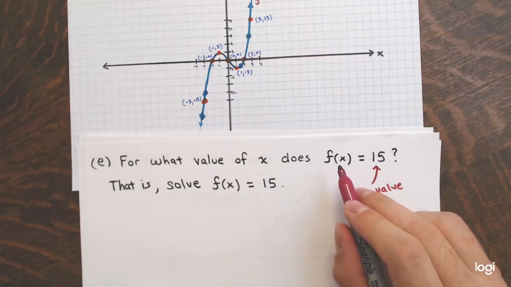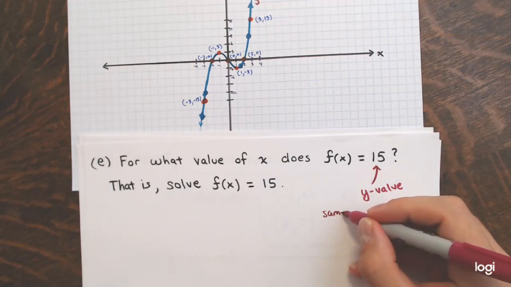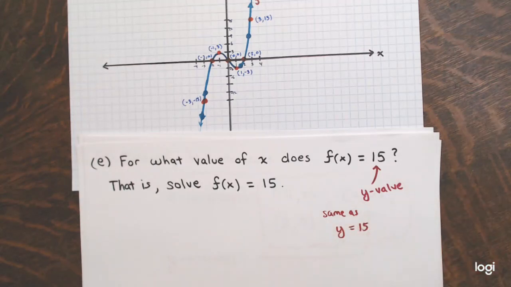So saying f of x equals 15 is the same thing as saying y equals 15. And you're just trying to figure out what x coordinate corresponds to a y coordinate of 15. What input has an output of 15?